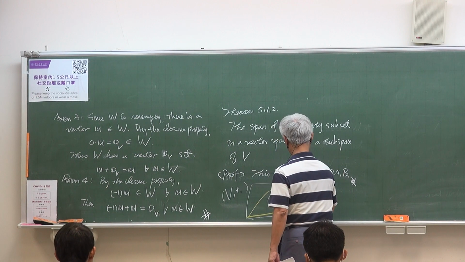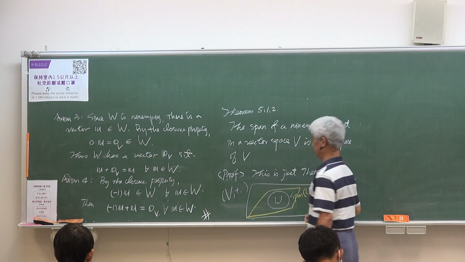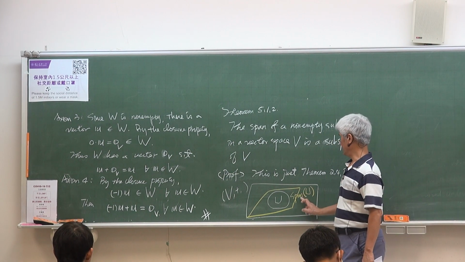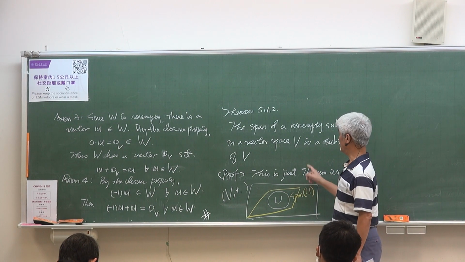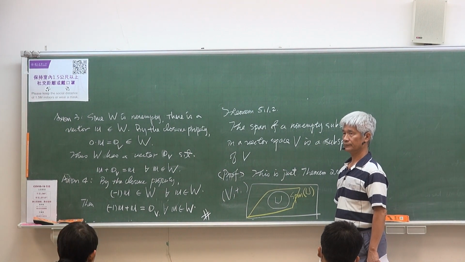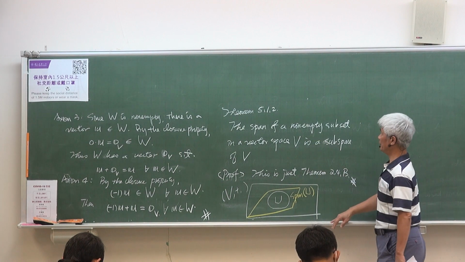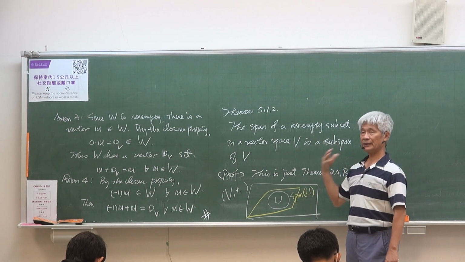So this is the span of U. Then the span of U is a subspace of V. So theorem 5.1.2 gives us a very convenient means to construct subspaces.